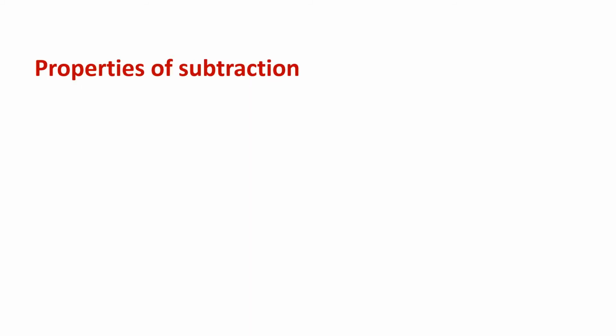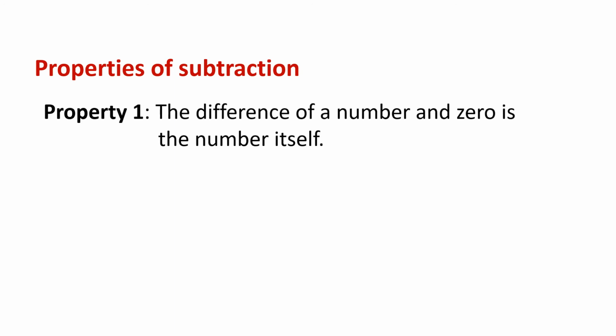Now we have to learn some properties of subtraction. The first property is the difference of a number and 0 is the number itself. That means if we subtract 0 from any number, then the answer is the number itself.